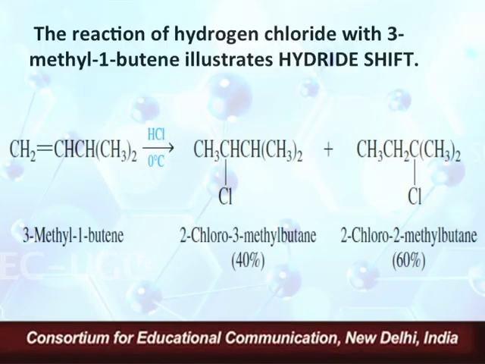So here what I have shown is that if we do the reaction of 3-methyl-1-butene with HCl, then the reaction is no more regioselective. Rather, we get two products, 2-chloro-3-methyl-butane, which is formed in 40% yield, and 2-chloro-2-methyl-butane, which is formed in 60% yield.